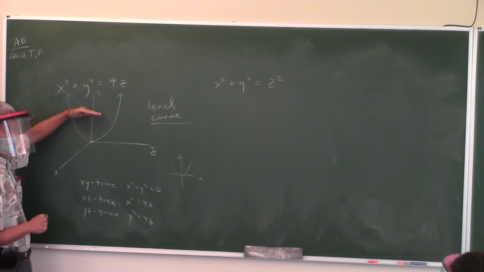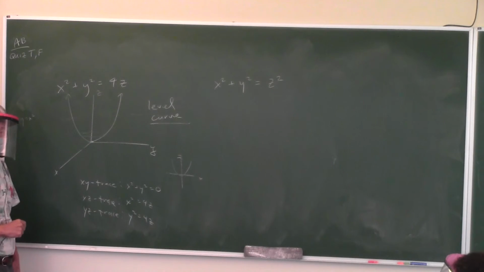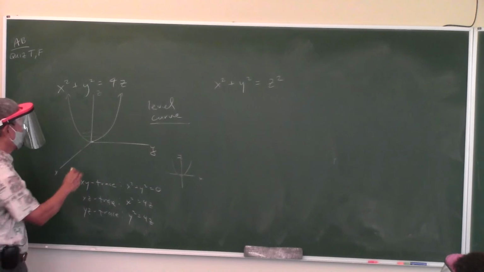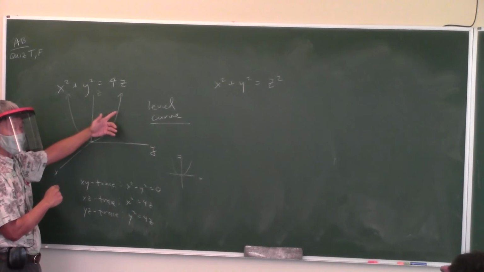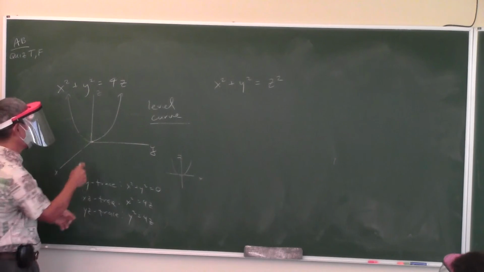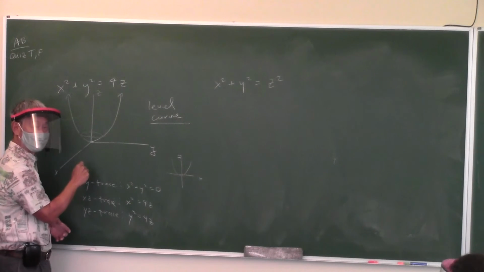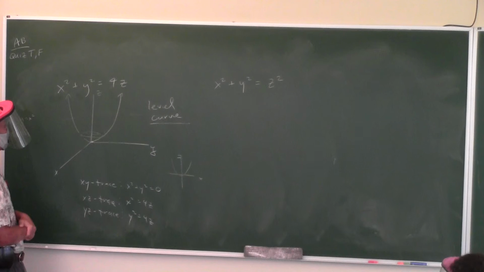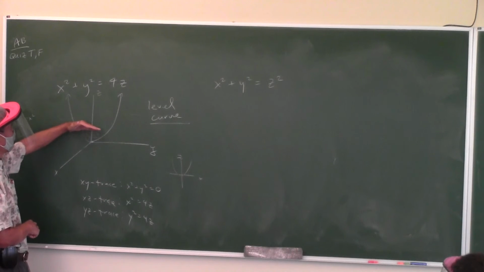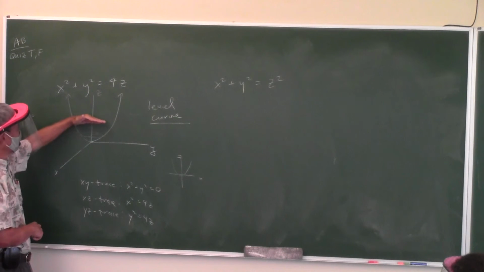What about when you plug in 4? No, what did I just say? When we plug in 1 for z, you get x squared plus y squared equals 4, so a circle of radius 2. What's the next number? What happens when we plug in 9/4 for z?